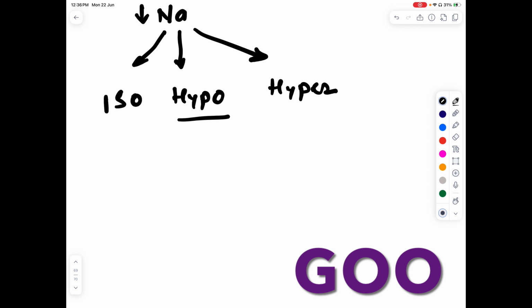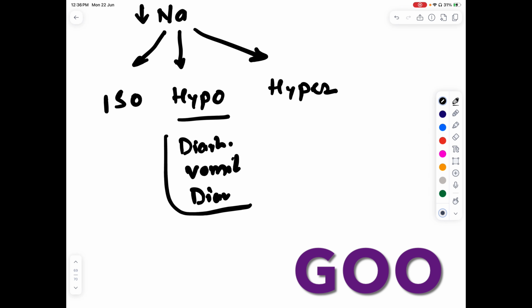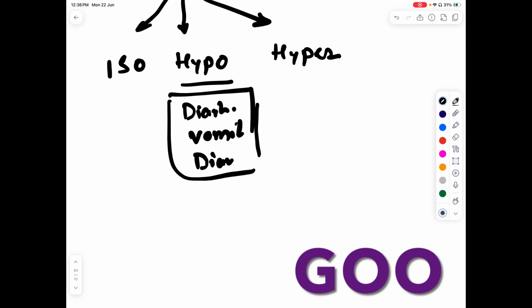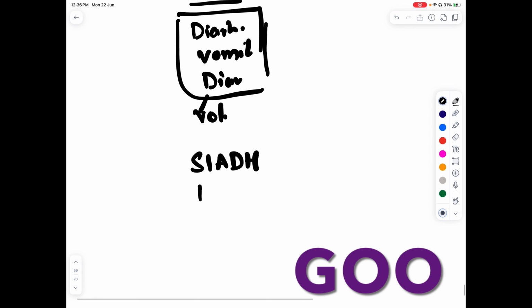Whenever there is diarrhea, vomiting, or diuretics, all the electrolytes are lost, and that is hypotonic. Volume also goes down, so hypovolemic hyponatremia. And euvolemic means volume is normal but electrolytes are lost, as in syndrome of inappropriate antidiuretic hormone or hypothyroidism.